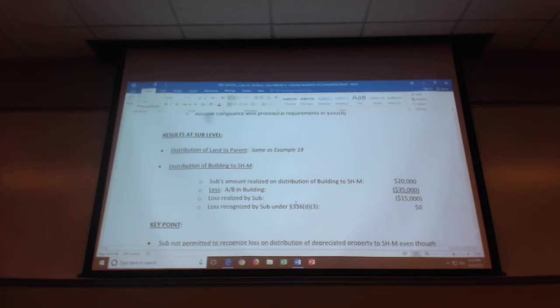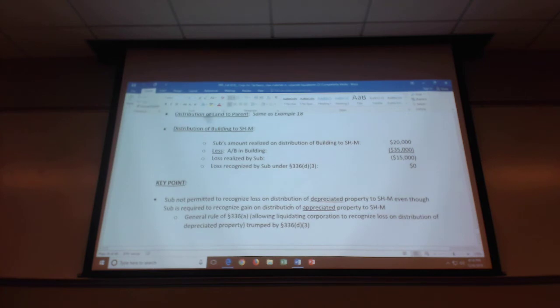And now we know that there's no loss recognized when a subsidiary distributes property, whether gain or loss property, to an 80% parent. That's an exception. Here, that's not the fact pattern. We have a loss asset being distributed to a minority shareholder.